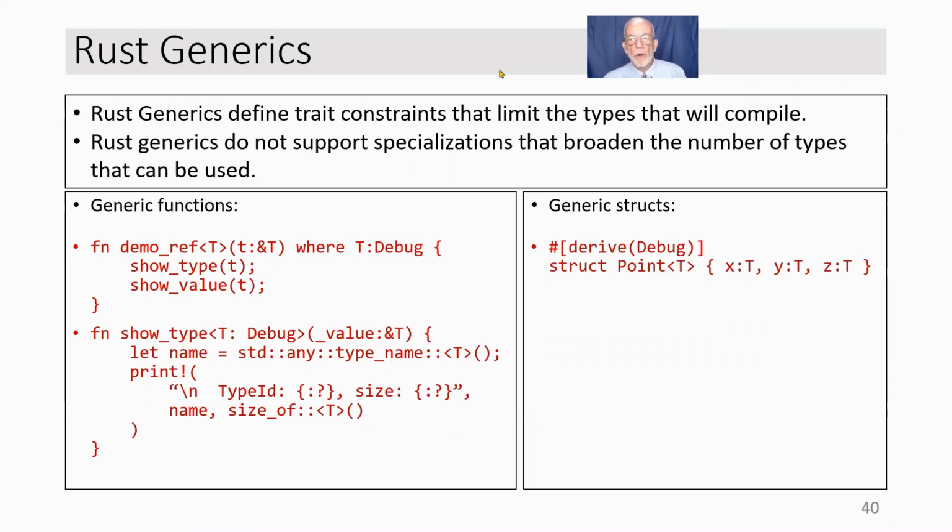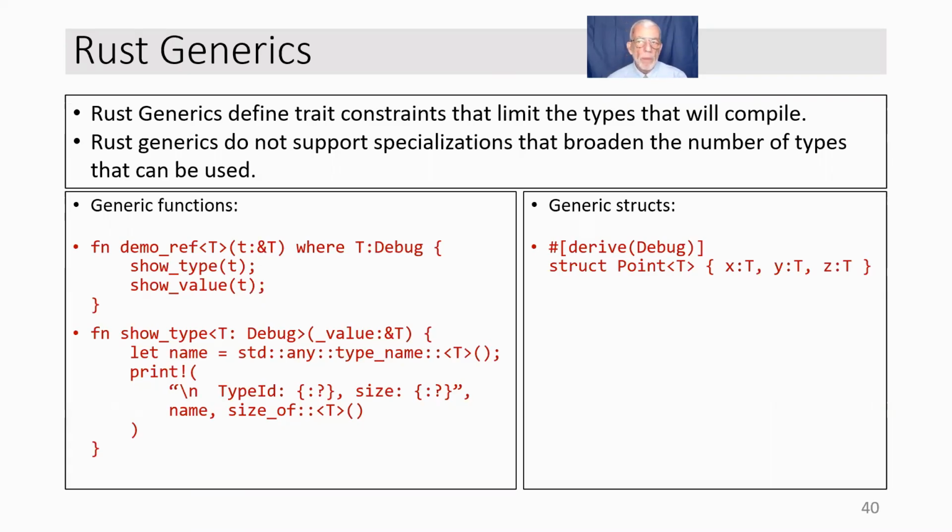This is the fourth in a short sequence of videos about the Rust programming language. In this video, we're going to focus on Rust generics. So generics provide a way of defining types that depend on a parameter that's specified at compile time.